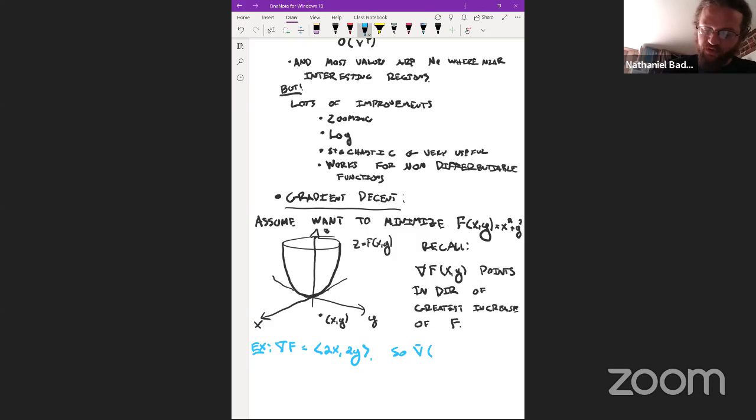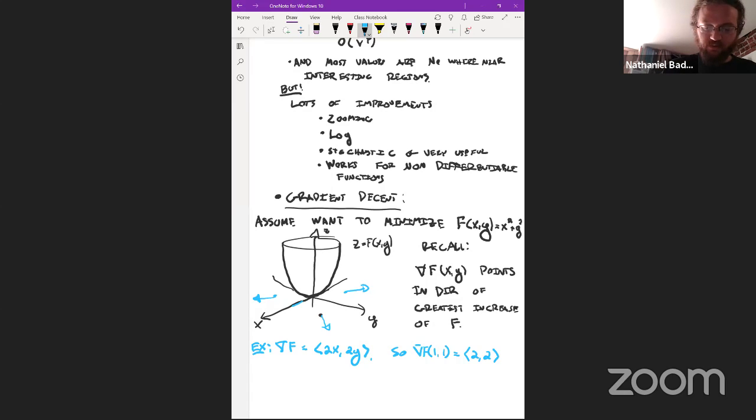So for example, the gradient at say (1, 1) is (2, 2), right? At (-1, 1) it is (-2, 2), etc.